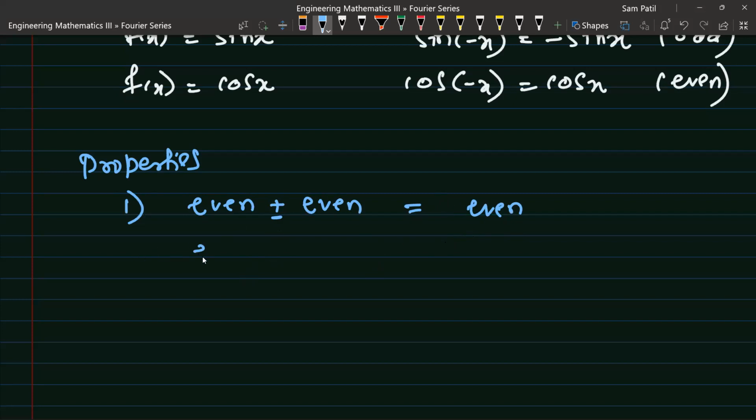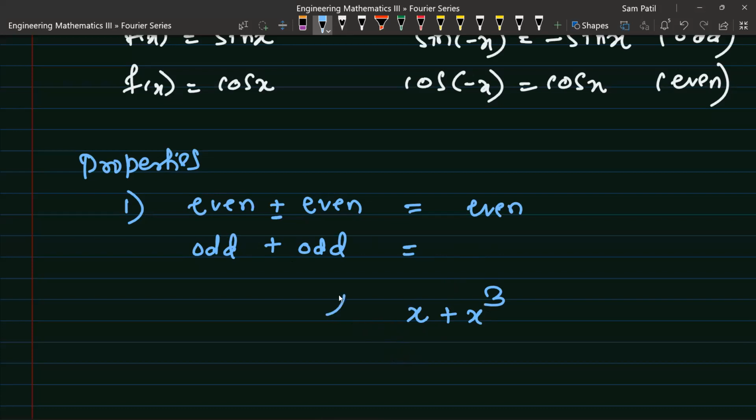Suppose I take any odd function and add it to any other odd function, what do I get? An odd function. For example, suppose f(x) is x plus x cube. Let us check this.